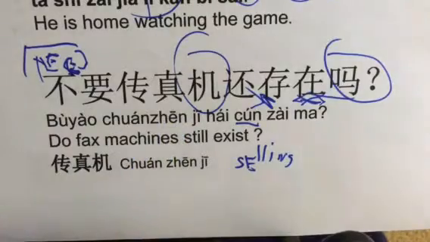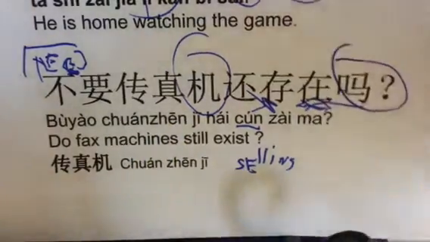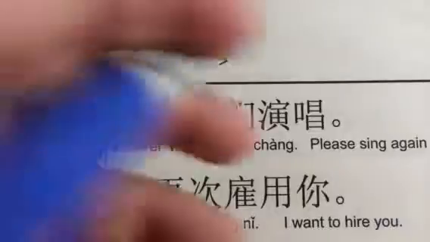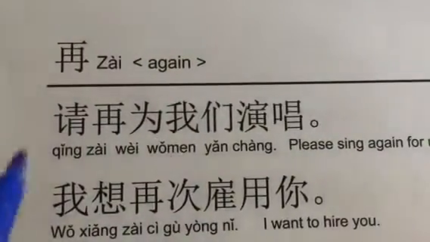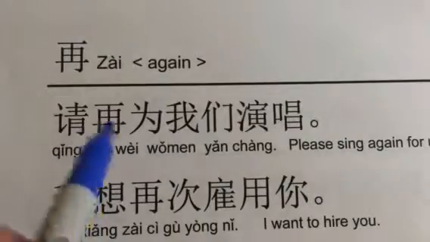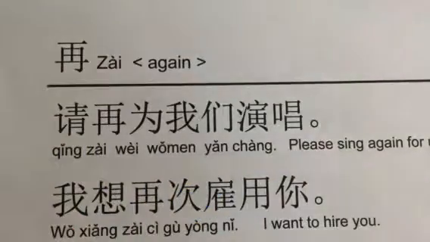Now let's look at character Zai, and let's look at this particular sentence structure. 亲在为我们演讲. This is something that maybe someone would want you to sing for them again.